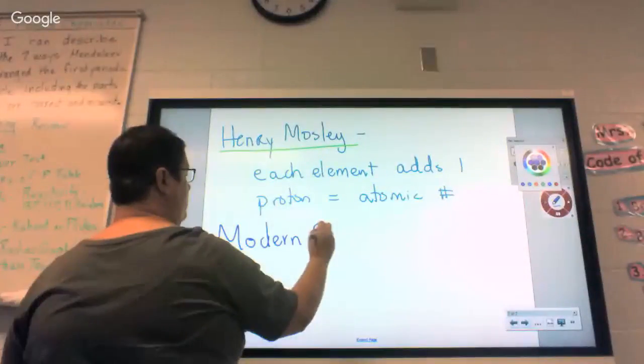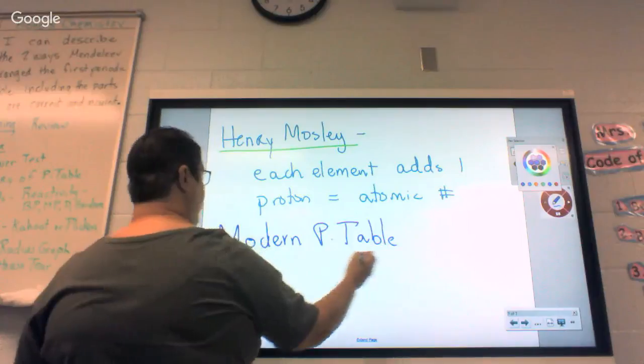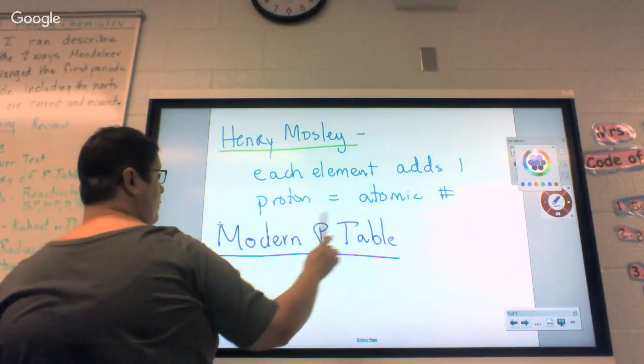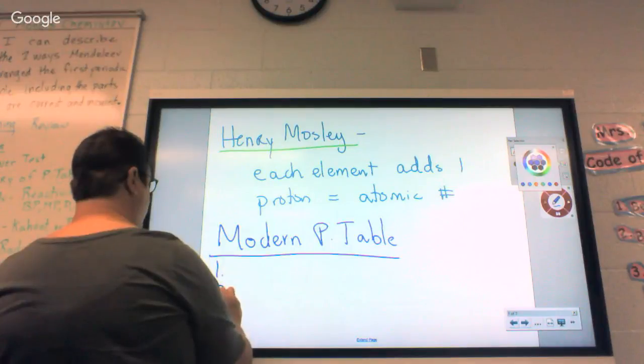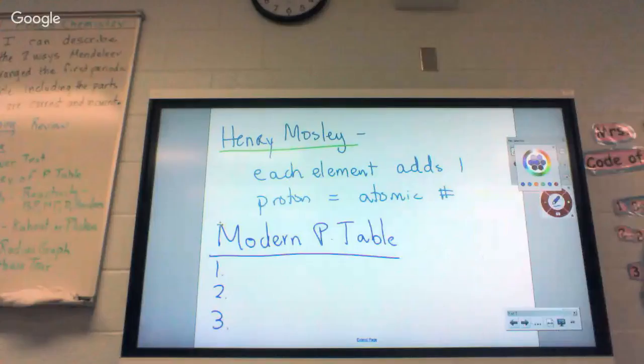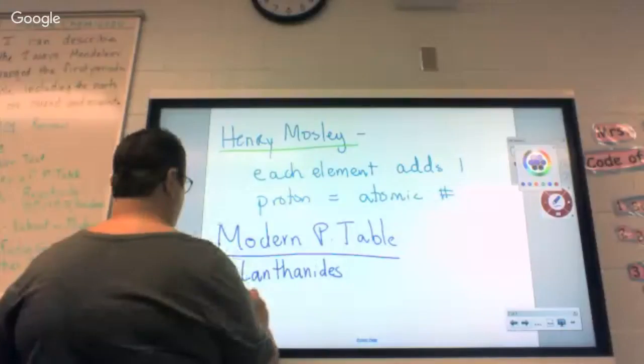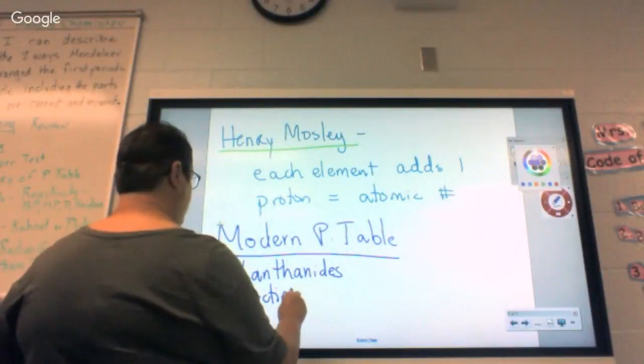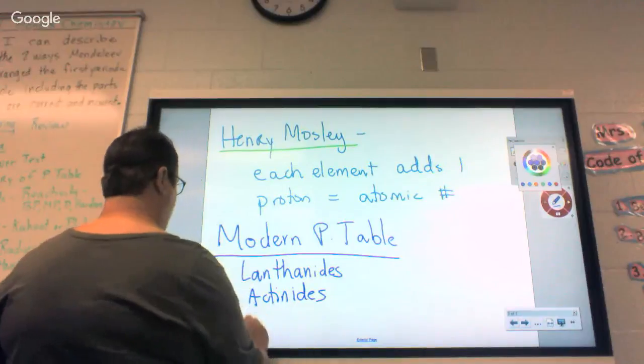What are the new sections that make it look different? None of these elements existed or were known about during his time. The lanthanides, the actinides, and the noble gases.